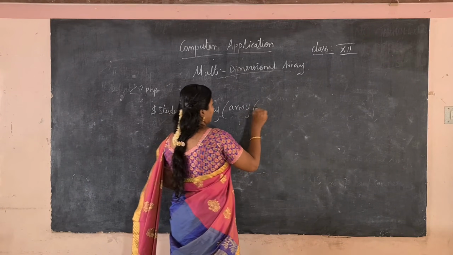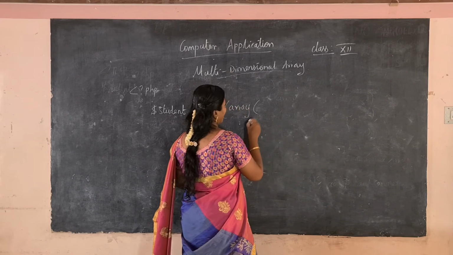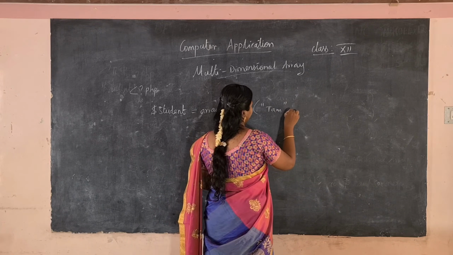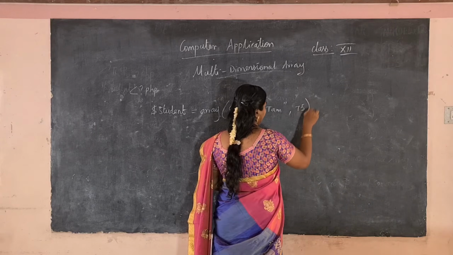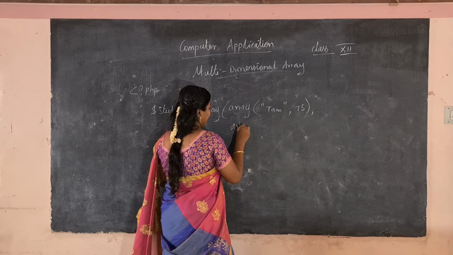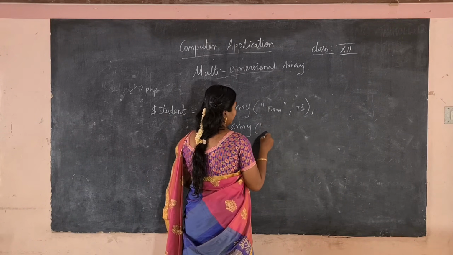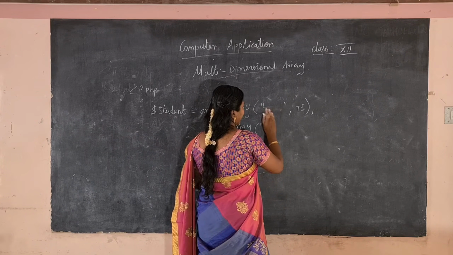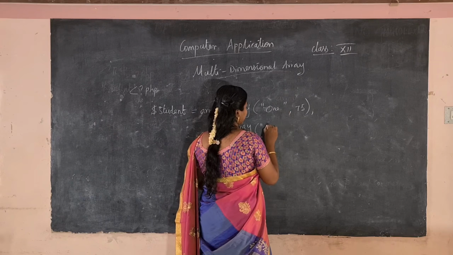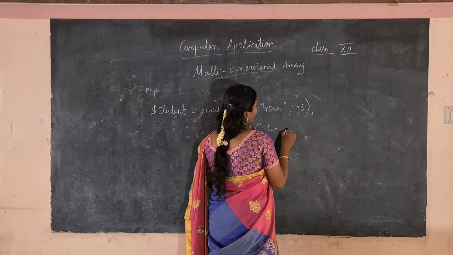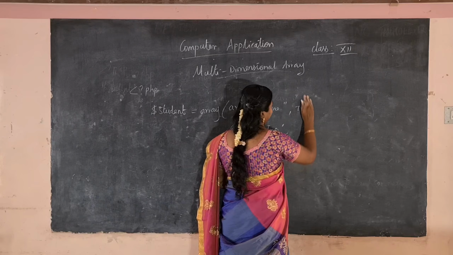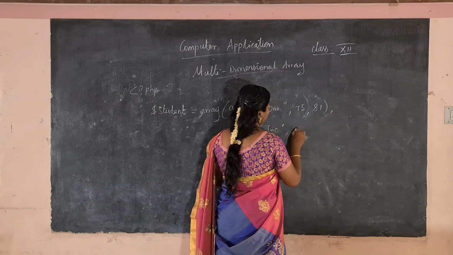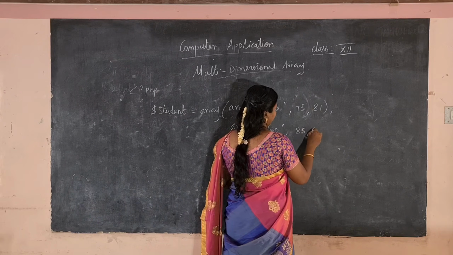So array, the first one has the value 1, Tamil, and then I am giving another value as 75, comma, the second dimensional array has array, and then 2, English, okay, and then I am having comma 81, so 85, comma 95.